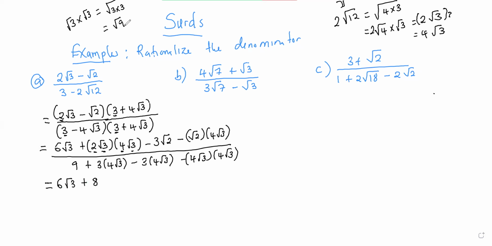So now we're going to have a 3 here multiplying 8, minus 3 root 2, and then minus 4 root 3 times √2. Again, we can push them inside, both of them. So we push root 2 and root 3.